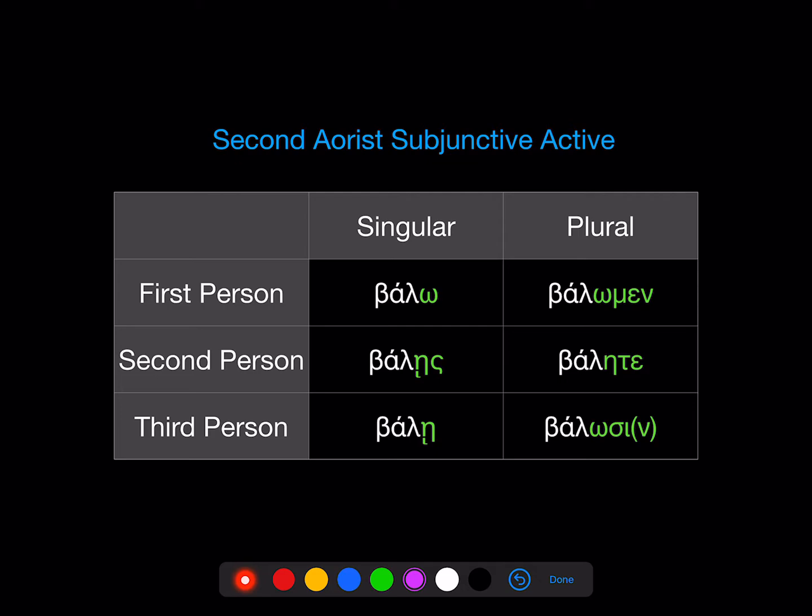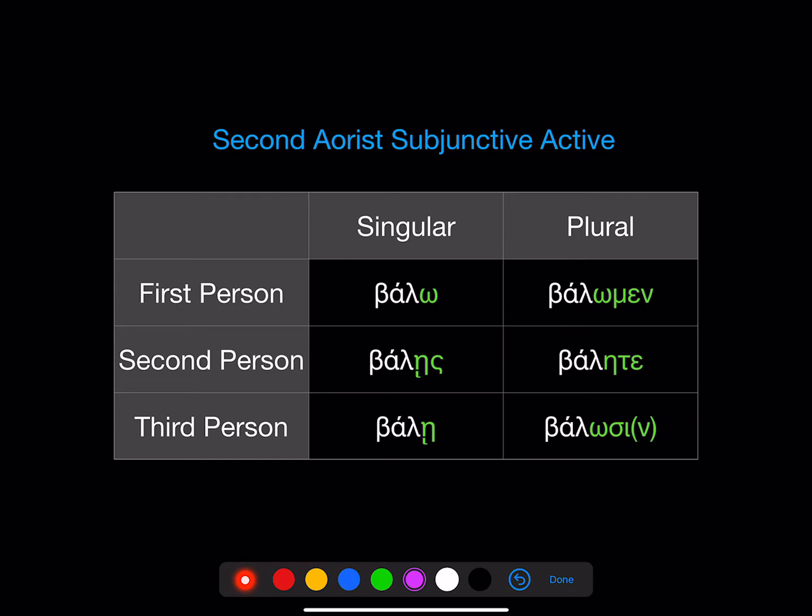We're going to leave off the augment though, because subjunctives like infinitives and imperatives and participles don't have time. They just have aspect. So present subjunctives are going to have imperfective aspect. Aorist subjunctives are going to have aoristic aspect.